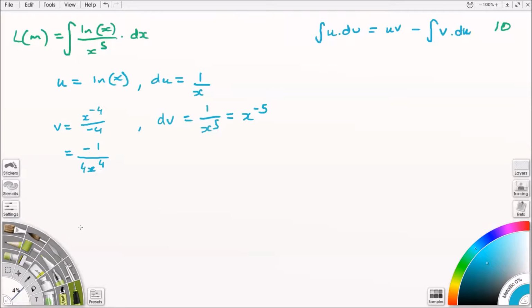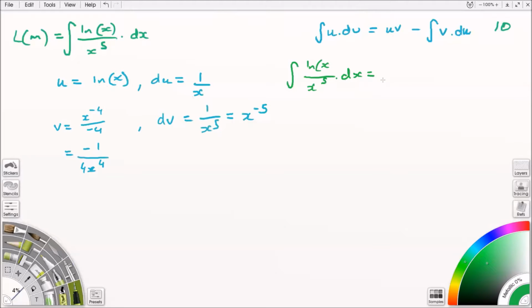Okay, so now we shall move forwards from here and simply sub these values in for our new form. I'm going to change color to green again, and we're going to say the integral of log x over x to the 5 dx is equal to u times v.